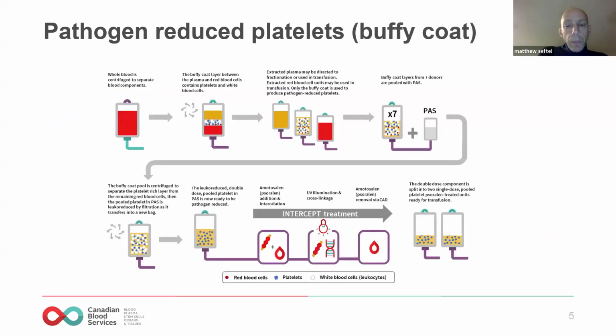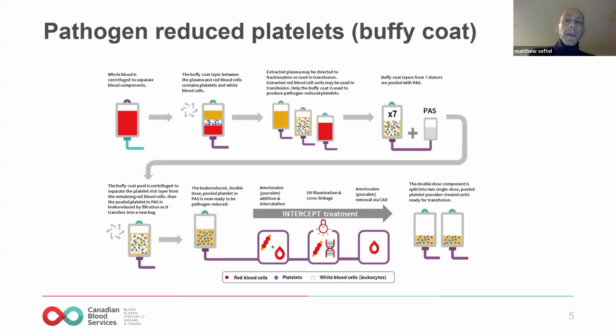So with respect to platelets, I won't go through this slide in great detail, but just to let you know that for approximately the last 18 months, all platelets that are supplied by Canadian Blood Services are subjected to a pathogen reduction system, such that whether that relates to buffy coat platelets, which represent the majority of platelets that we manufacture and provide for patients, which are pooled, as well as to apheresis platelets, which represents the minority of platelets.